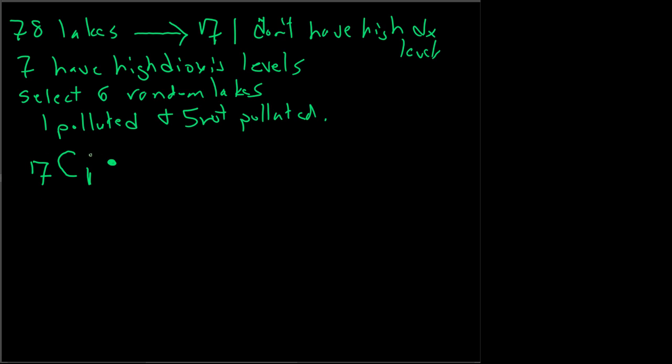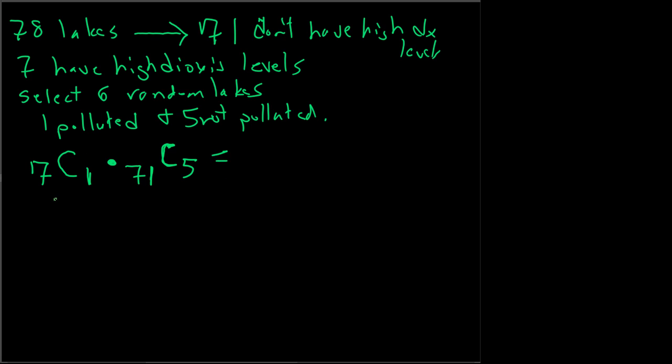And so we can count the ways we can pick one of the 7 that have high dioxin levels, and then of the remaining 71, we have to choose 5 that aren't polluted.